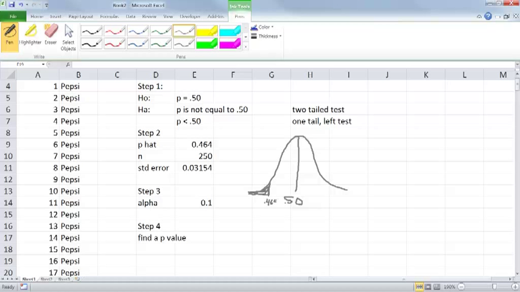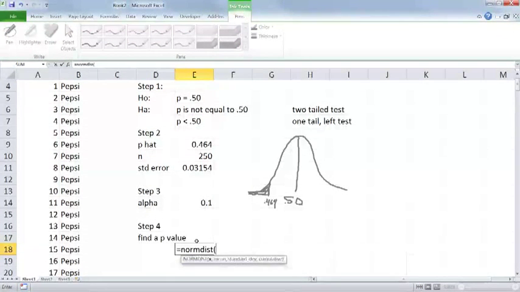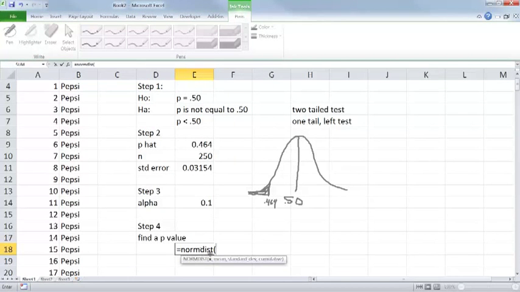All right. So all we want to do then is find the probability of something smaller than 0.464 if there's a normal distribution with mean 0.50 and a standard error of 0.03. So this is just a norm dist function that we've all gotten really good at. There's nothing really weird here. So equals norm dist. What we got, x, is p hat.